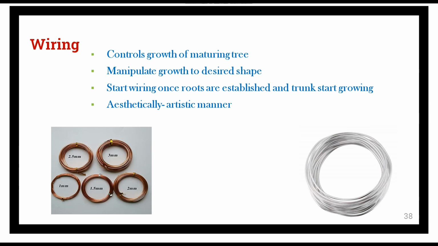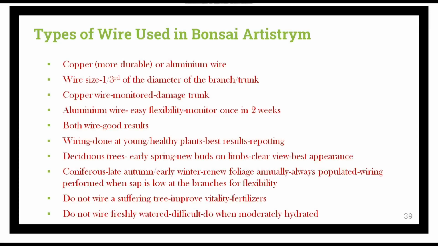In this picture, you are seeing two wires: one is the copper wire and the other is the aluminum wire. The copper wires come in various dimensions, 1 mm, 1.5, 2, 2.5 and 3 mm, which can be obtained from the stores, and the size depends upon the age of the tree.